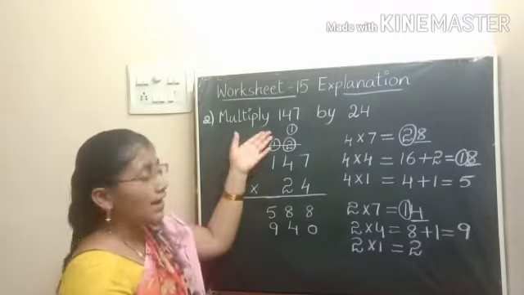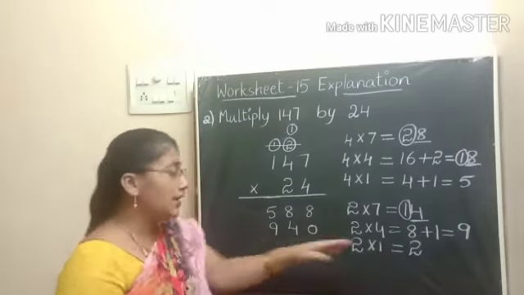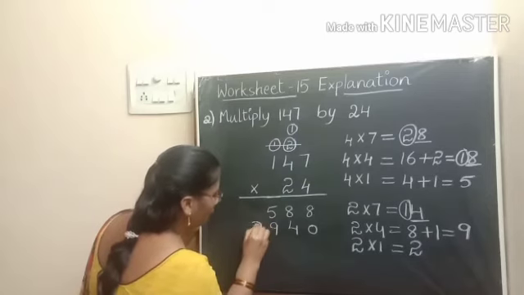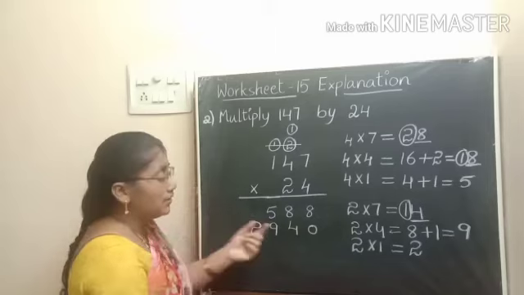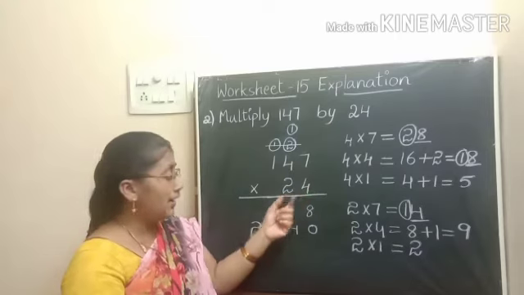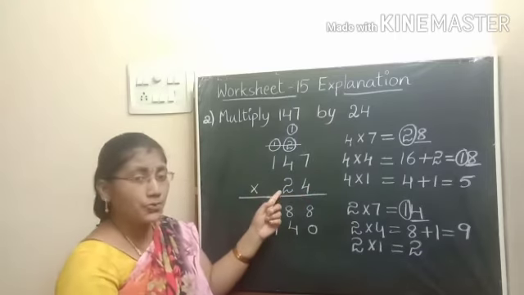There is no carry to add. So 2 is the result. We have to write 2 in thousands place. Now, this is the result by multiplying with 4. And this is the result after multiplying multiplicand with 2.